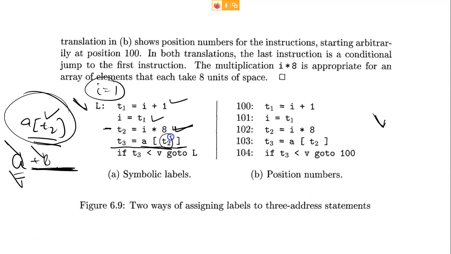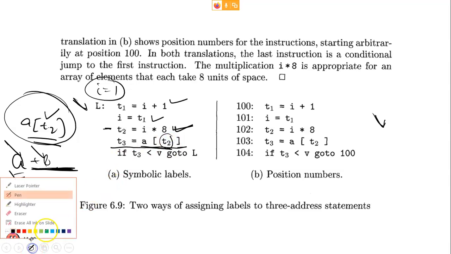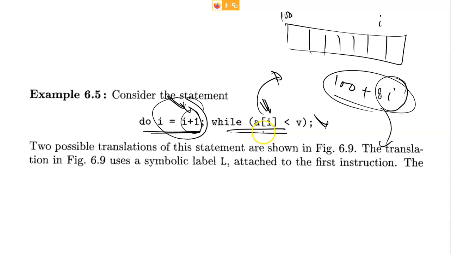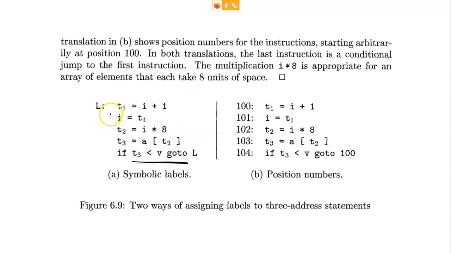Then we can do this conditional jump: if this value T3 is less than V, then you can jump to the label L, and this L is this.